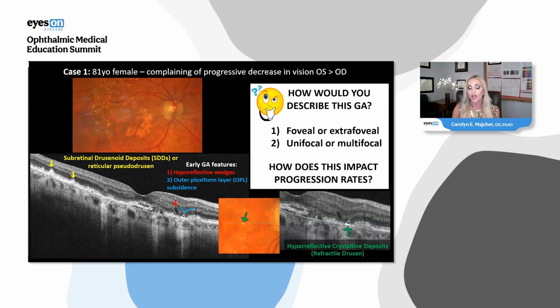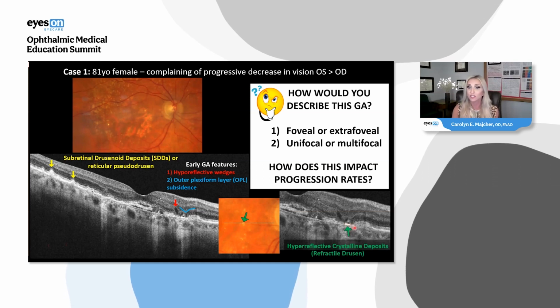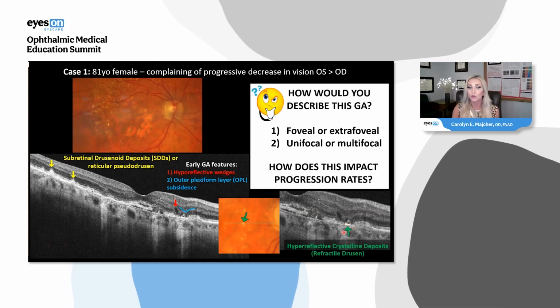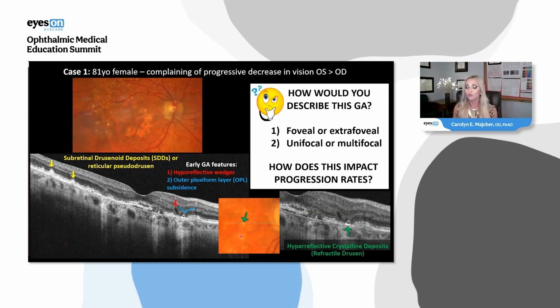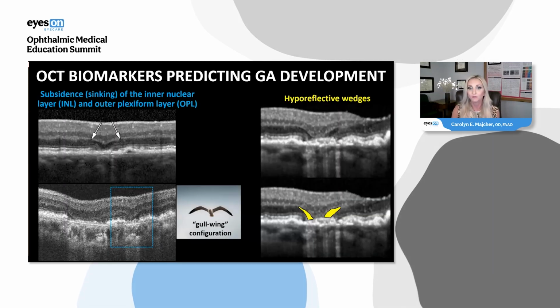And then we also have one unique one here, which is a hyperreflective crystalline deposit, or sub-RPE plaques as they're sometimes referred to. This is a hyperreflective linear line, usually in the subretinal or sub-RPE space, that corresponds to refractile shiny drusen when you look at it with ophthalmoscopy, also a risk factor for geographic atrophy.